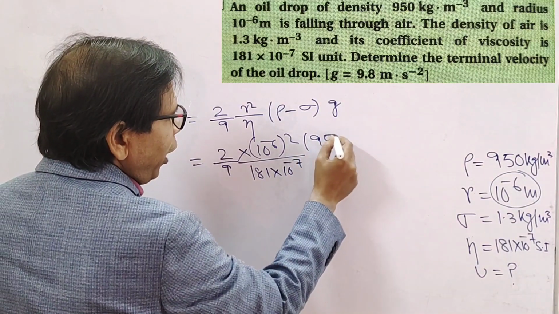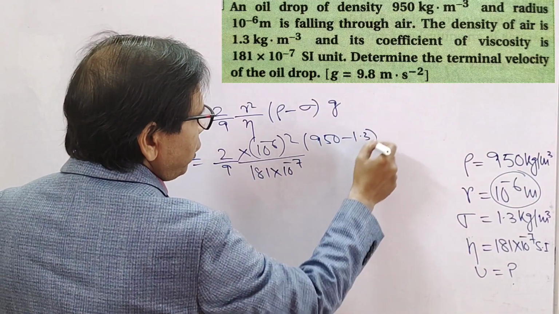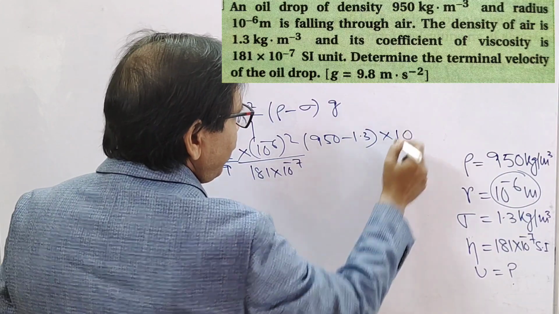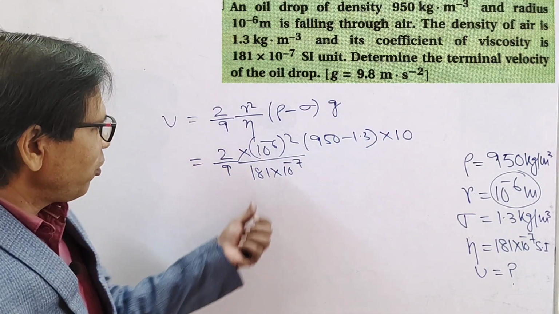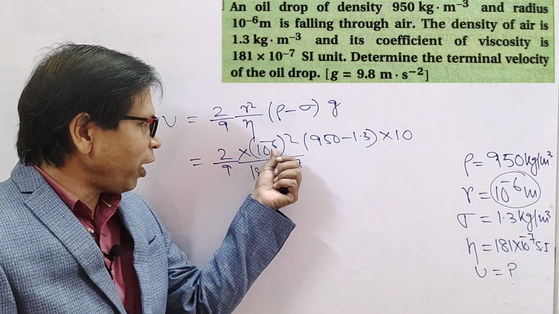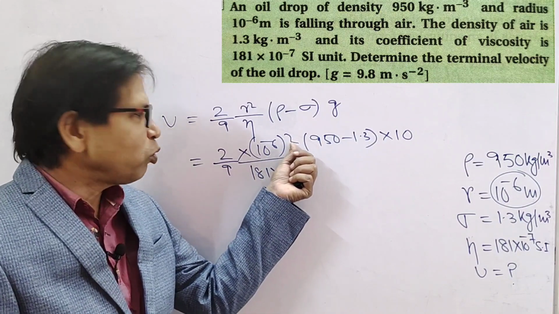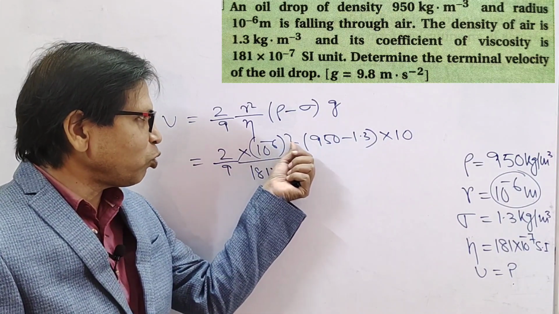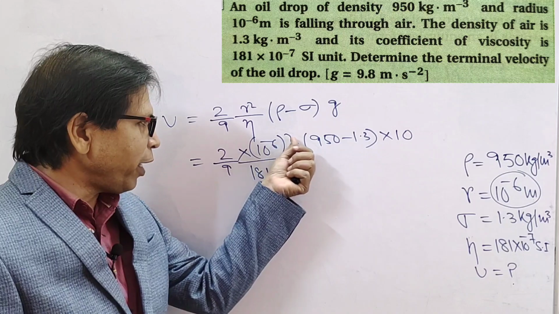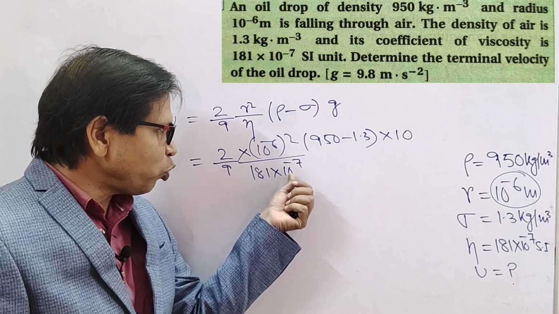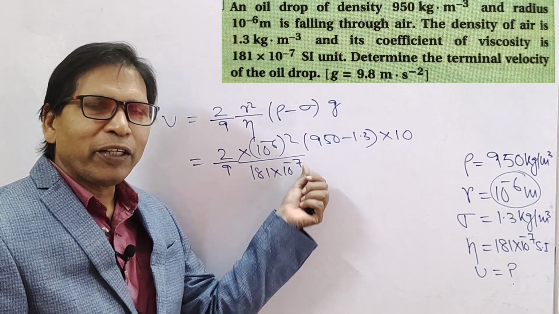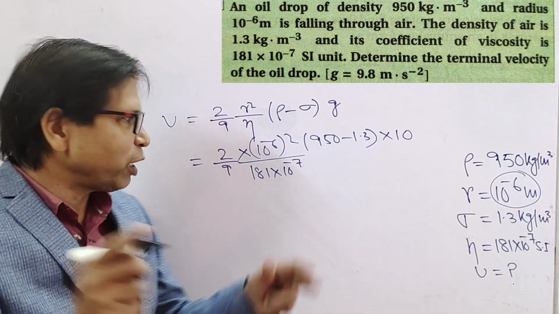Rho minus sigma is 950 minus 1.3, and g is 10. So 10 to the power minus 12 and 10 to the power minus 7 give 10 to the power minus 5.